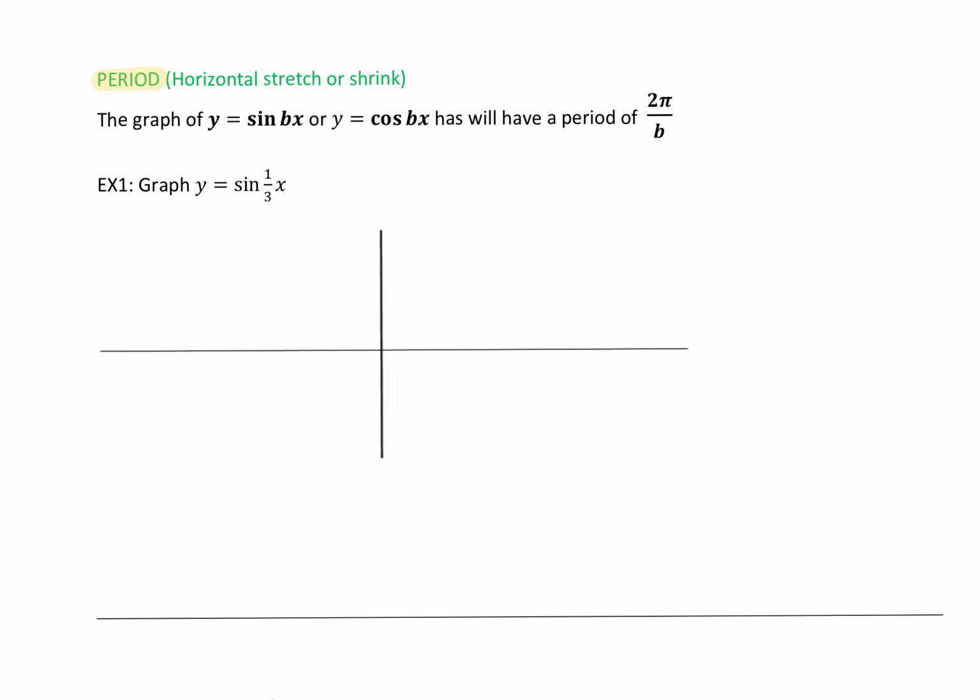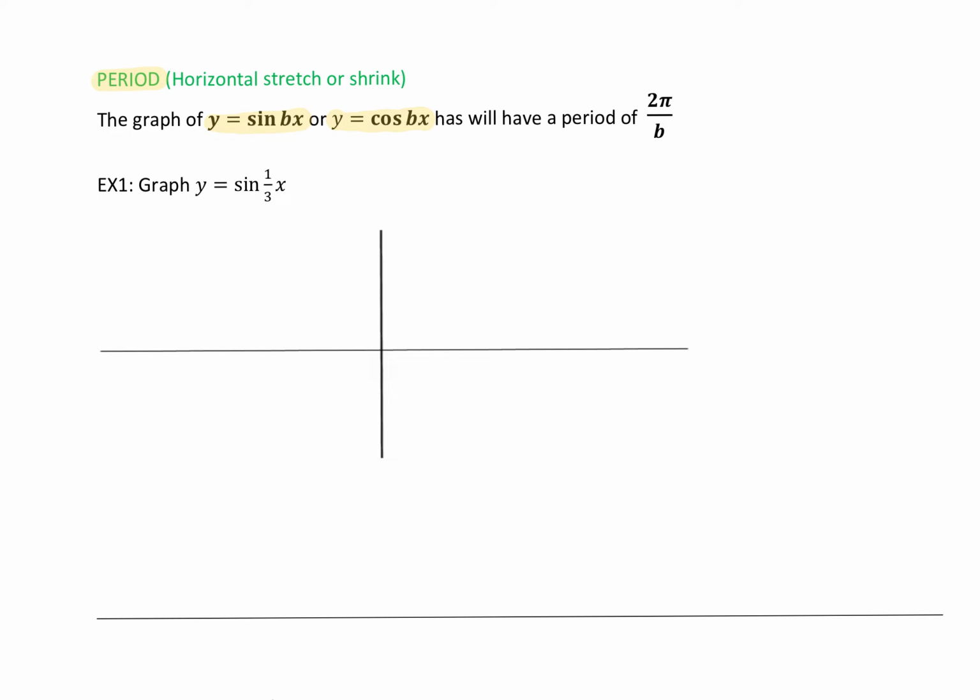And if we look at y equal to sine of b times x or y equal to cosine of b times x, whenever you multiply your x value by some value, you're changing the period.